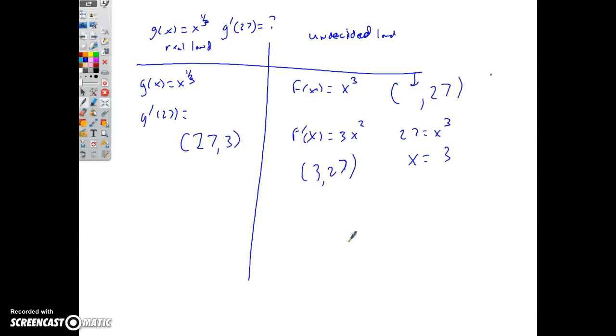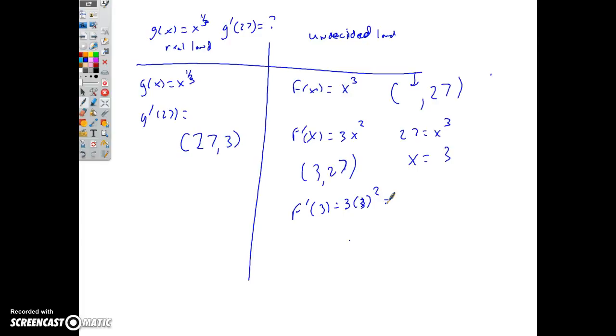So that's the corresponding point, right? So in this undecided land, where am I going to take the derivative? At 3. F prime of 3 is equal to 3 to the 2nd power. And that would be what?